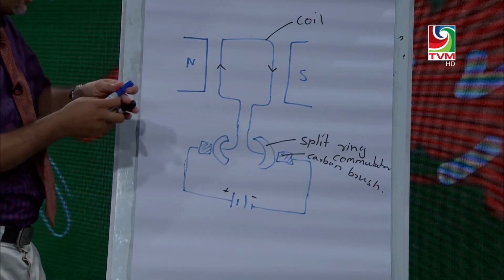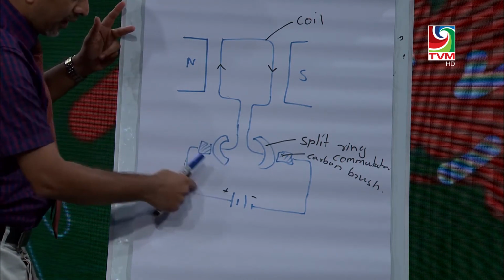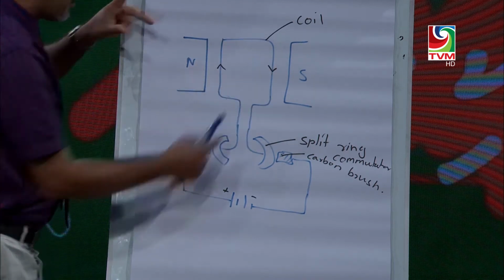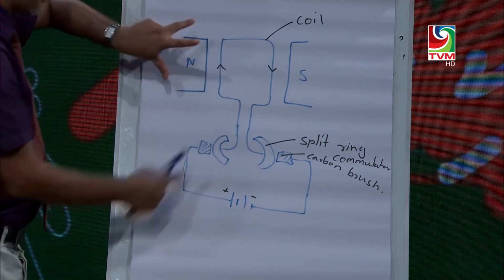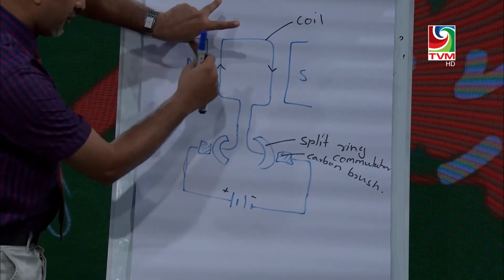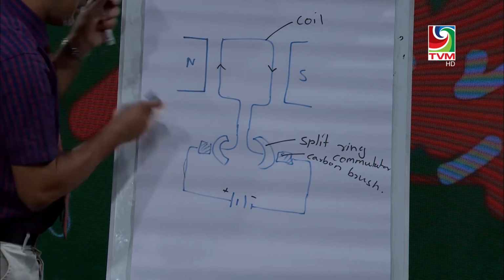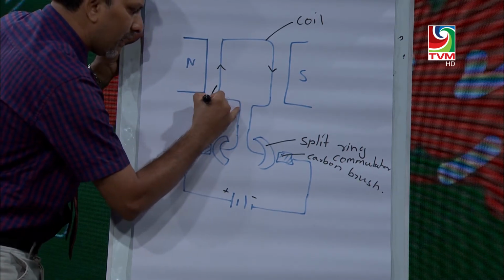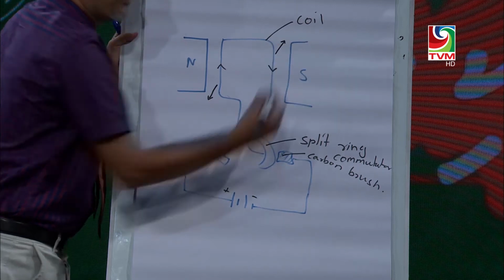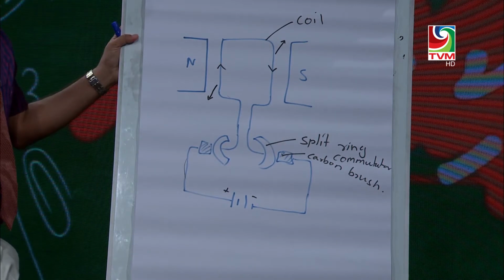Here the current is passing this way, the current direction is this one and the magnetic field is this one, so the force is downward. So this side will move downward, and this side will move up. And we know the coil, one side will go down, another side will go up.